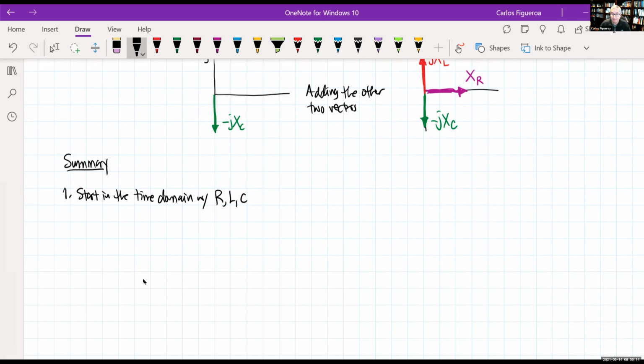I don't know how to do that. So how do we solve these things in a nice, simple way? What we do is start there and then transform into the complex plane.